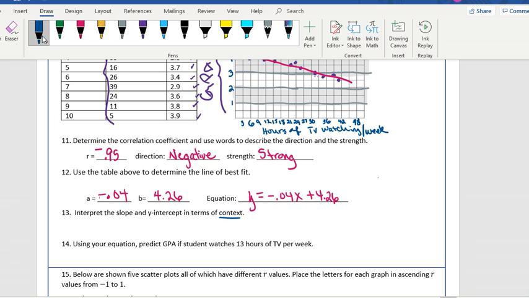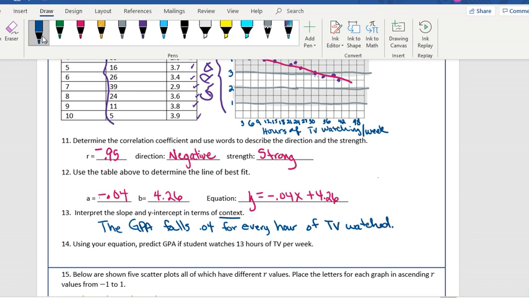So we would say the GPA falls, because it's dropping, 0.04 for every hour of TV watched. In general, that's what's happening. So the more TV you watch, the lower your GPA.